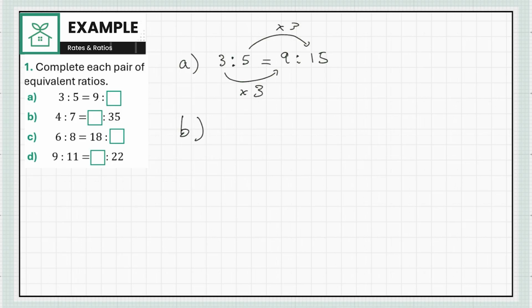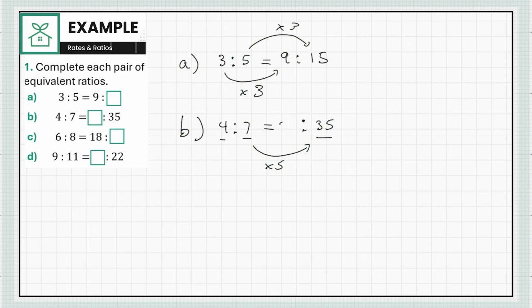Let's look at B. We have 4 to 7 is equal to some number to 35. So how have I gone from 7 to 35? Well, I've multiplied by 5. I have to do the exact same to our first part of the ratio.